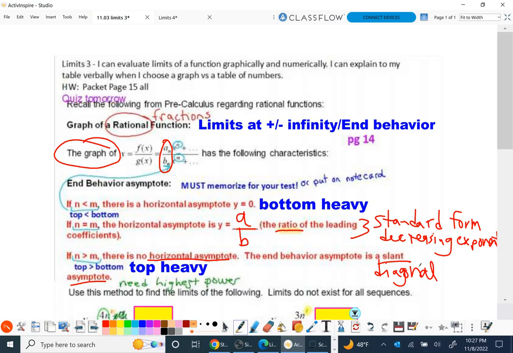If you follow along your slant asymptote until it goes all the way to positive infinity, then likely your end behavior is going to be positive infinity. In that case where the top degree is higher than the bottom degree, we call that top heavy, and the answer is always going to be infinity or DNE.